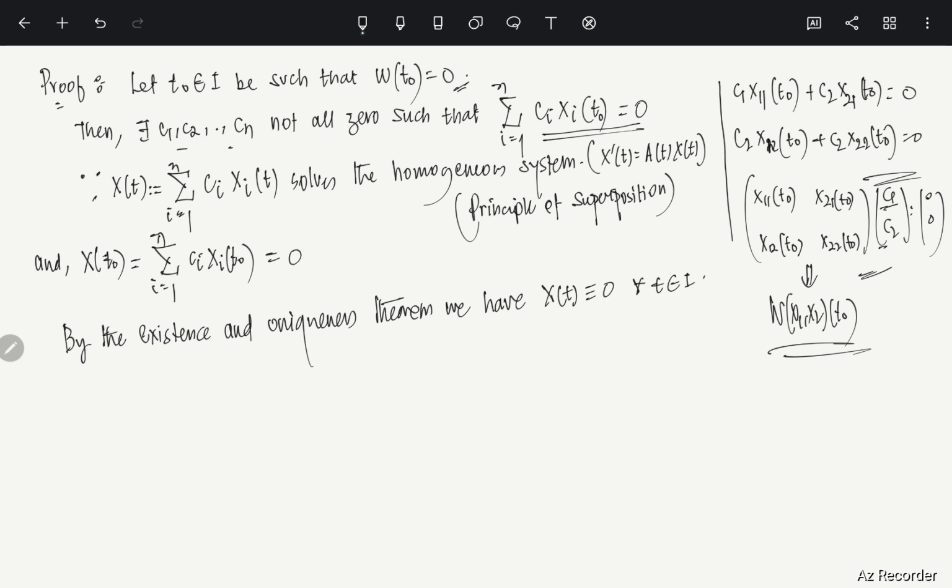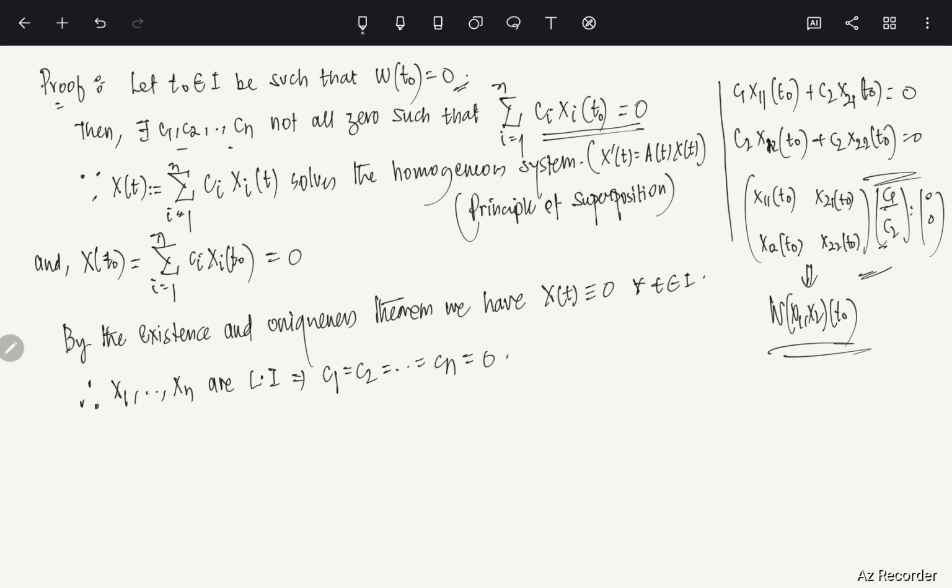I hope this is clear. And therefore, since x1, x2, xn are linearly independent, what can you say? Each Ci has to be equal to 0. That implies C1 equals C2 equals Cn equals 0. There is no other option.